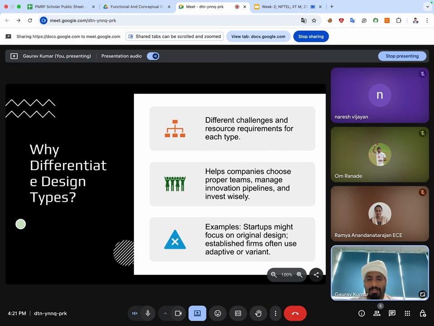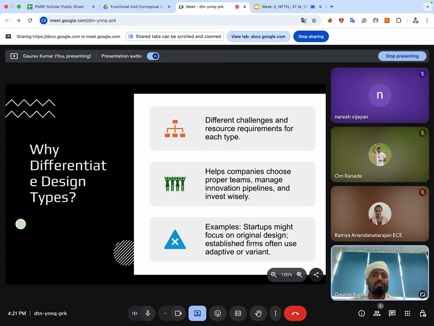So next one is why different design types. You might be wondering, why do we need to classify design types at all? First one is resource allocation.